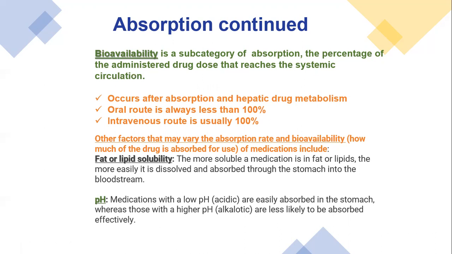So bioavailability is the fraction of administered drug that reaches the systemic circulation. Let me recap it, my friend. Bioavailability is expressed as the fraction of administered drug that gains access to the systemic circulation in a chemically unchanged form.